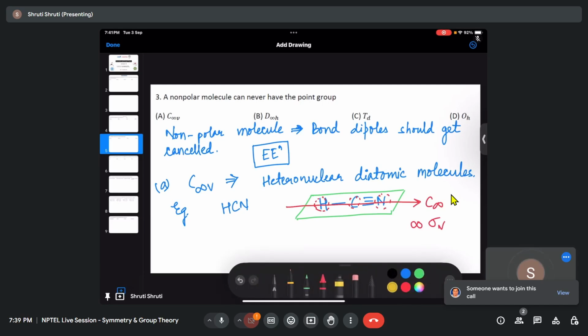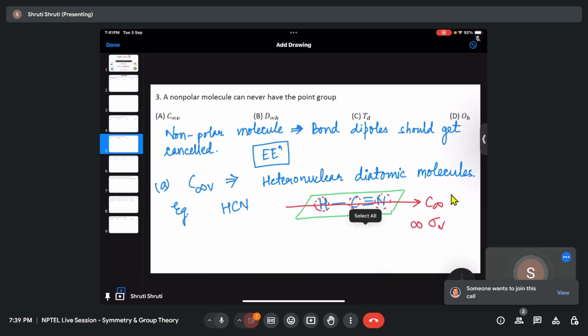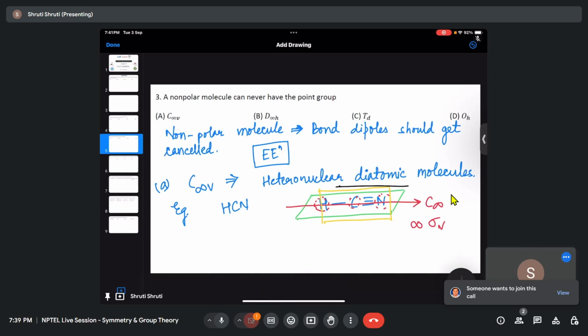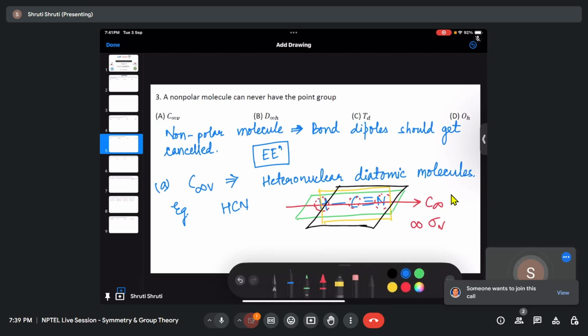How? Because since it is spherical, you cut the atoms in half through any plane, be it this plane, this green plane, or some angular plane. By any angle you cut it, you will get the same molecule back. So this has infinite sigma planes.